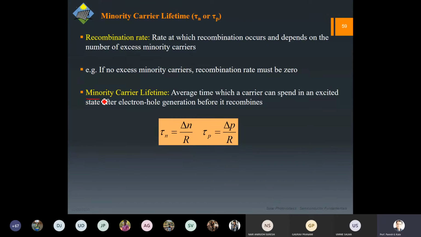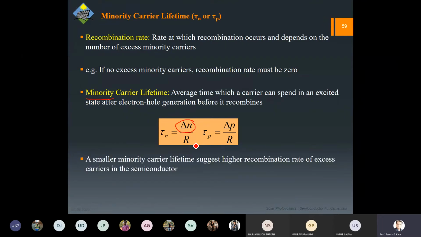Now, as we are interested in the minority carriers because of their VIP status, if you remember, that difference is what will decide the minority carrier lifetime. So tau n and tau p can be defined respectively as the excess of the minority carriers divided by the recombination rate.